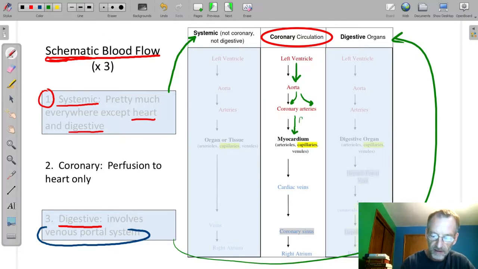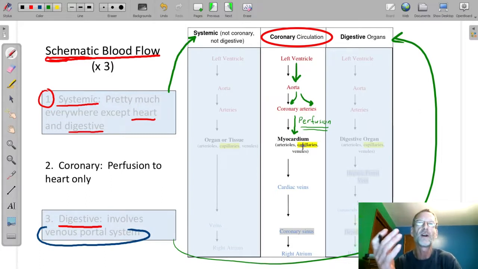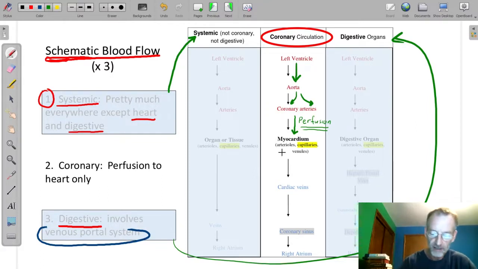So this is perfusion, which is what all oxygenated blood needs to do. It needs to perfuse the tissue. And in this case, we're perfusing the muscle itself, the myocardium. And the basic plan that we've already gone over is that arteries branch and branch and branch until they get down to the tiniest of arteries, and we have arterioles.